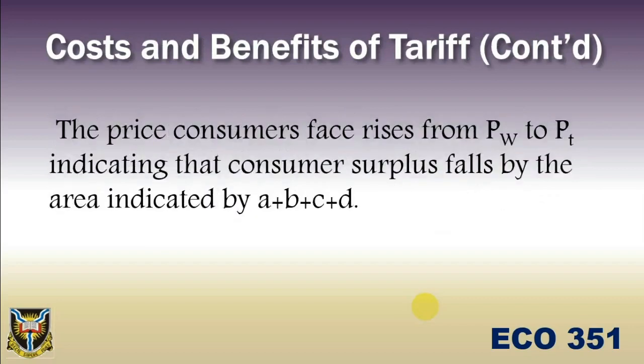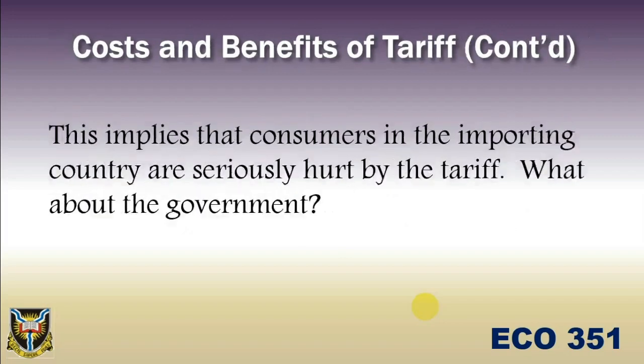The price consumers face rises from PW to PT, indicating that consumer surplus falls by the area indicated by A, B, C, D. This implies that consumers in the importing country are seriously worse off because of the tariff.